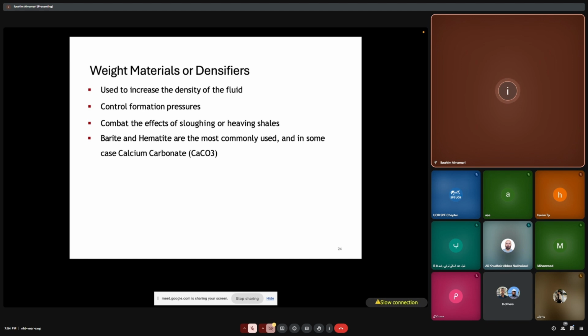They use pounds per barrel. We have Oxy, which is American, and it uses SG again. So it depends on the company what they use for weighting units. However, the main companies use barite and calcium carbonate. Hematite is expensive and it has a very high specific gravity.